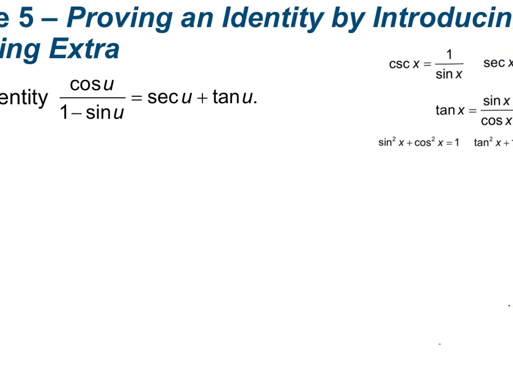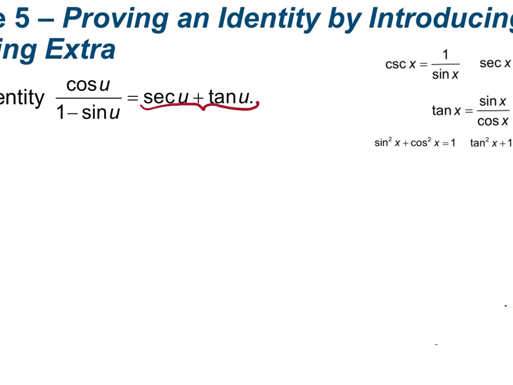So working with that secant u plus tangent u, I want to try to put these in form of cosine or sine. Secant, I see that is the 1 over cosine x. So I'm just going to change this into 1 over cosine u. That tangent u, we see that tangent x is sine over cosine x. So this is going to turn into sine u over cosine u.